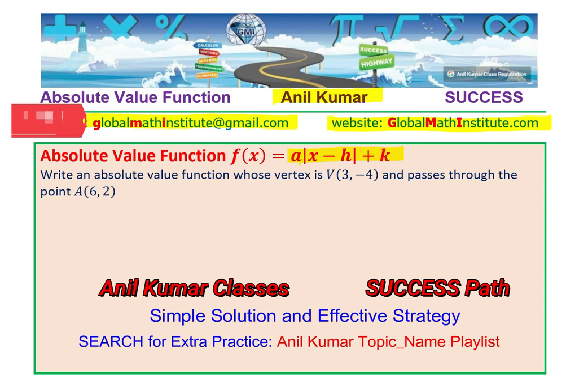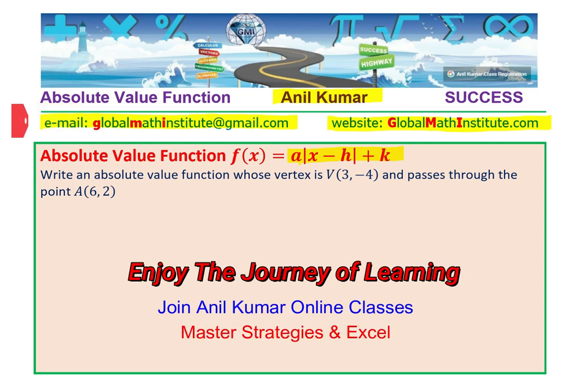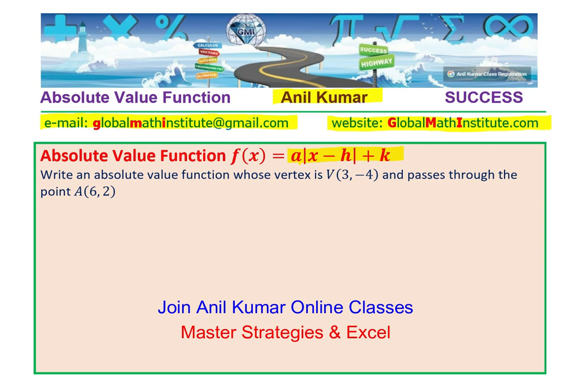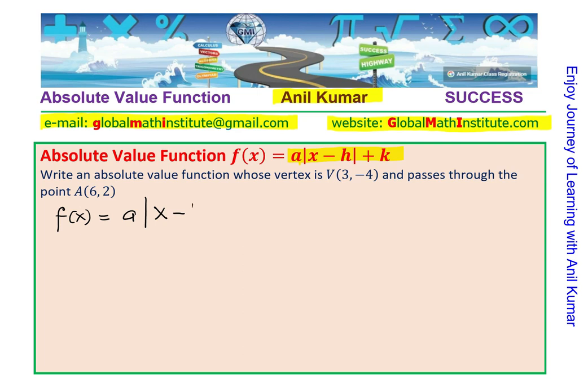Now here is the very first question, which is: write an absolute value function whose vertex is V, 3, minus 4, and passes through the point 6, 2. So when we are given the vertex, let me rewrite the equation in the form f of x equals a times the absolute value of x minus h plus k.